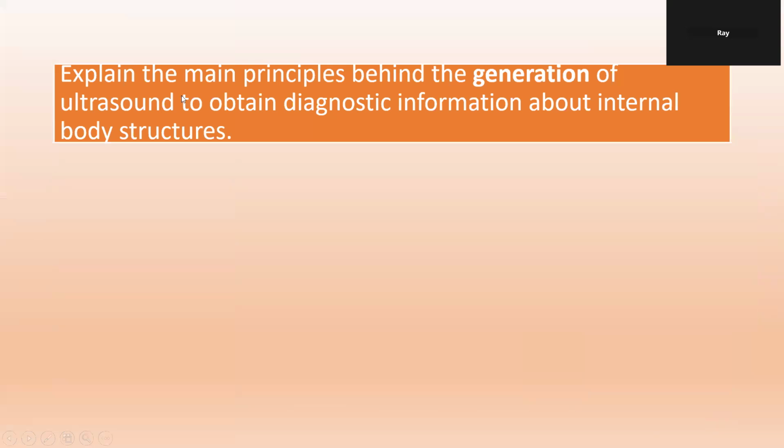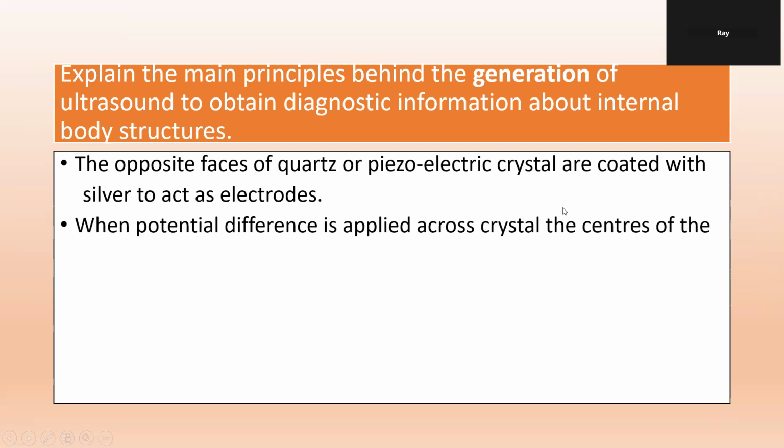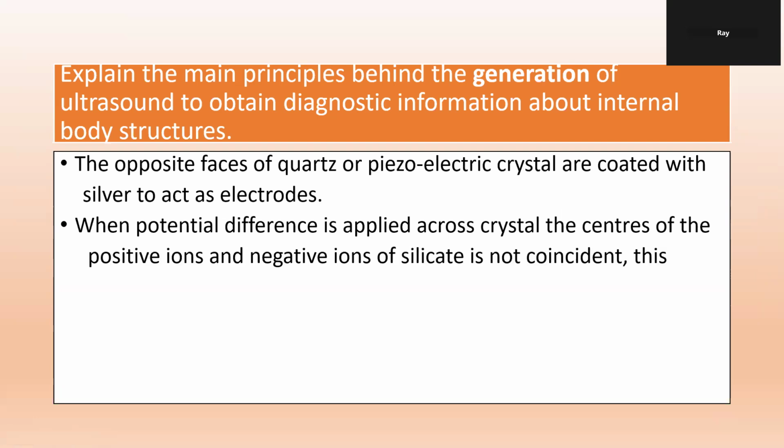Explain the main principle behind the generation of ultrasound to obtain diagnostic information about internal body structure. Memorize this. Opposite faces of the quartz or piezoelectric crystal are coated with silver to act as electrodes. When a potential difference is applied across the crystal, the centers of positive and negative ions of silicate are not coincident.